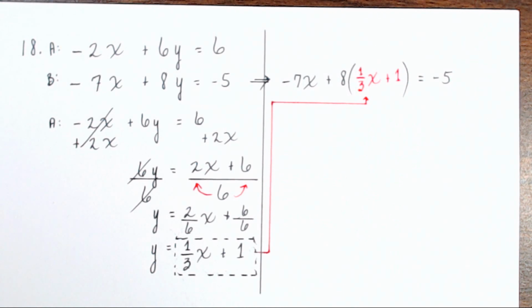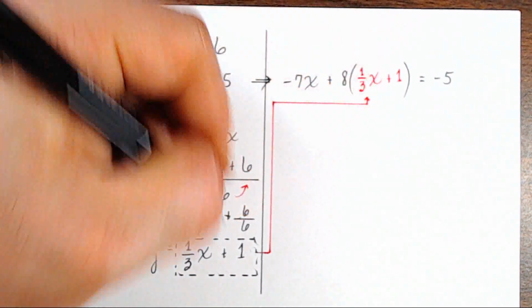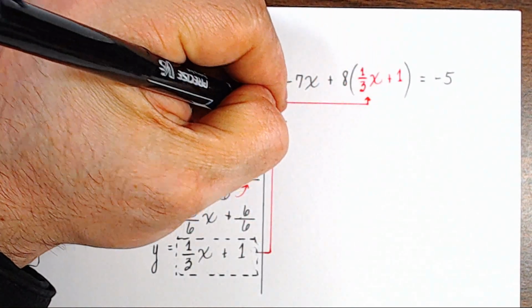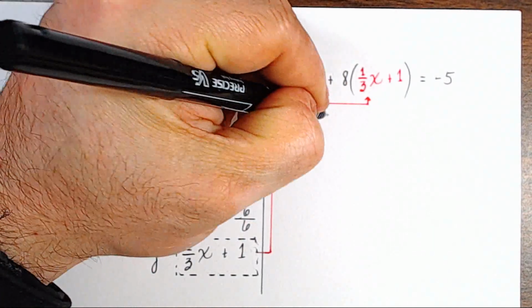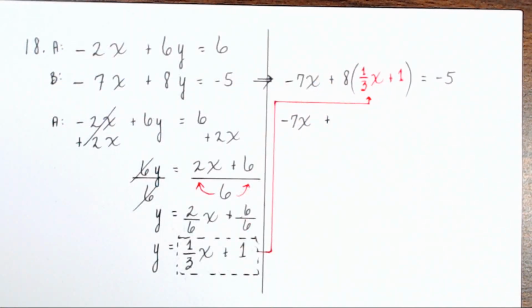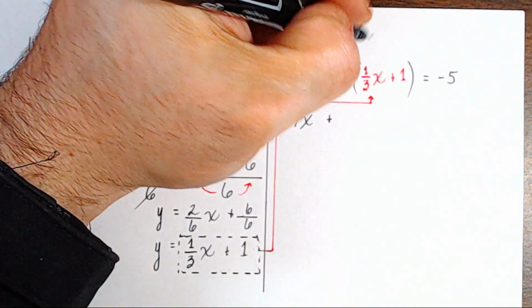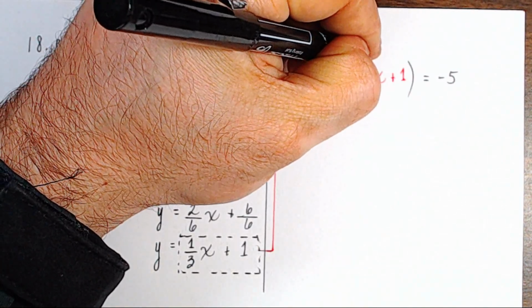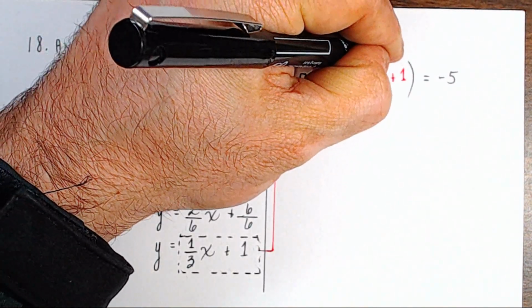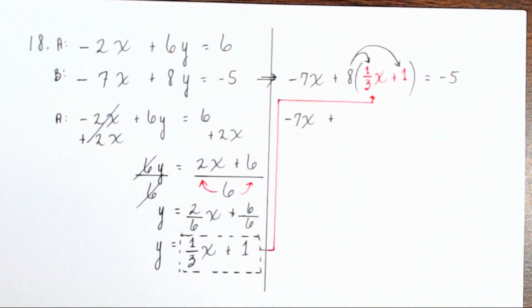All right. Well, now what we're going to do is we're going to write negative 7x plus, and then we're going to stop, because we have to multiply that 8 through that parenthetical expression.